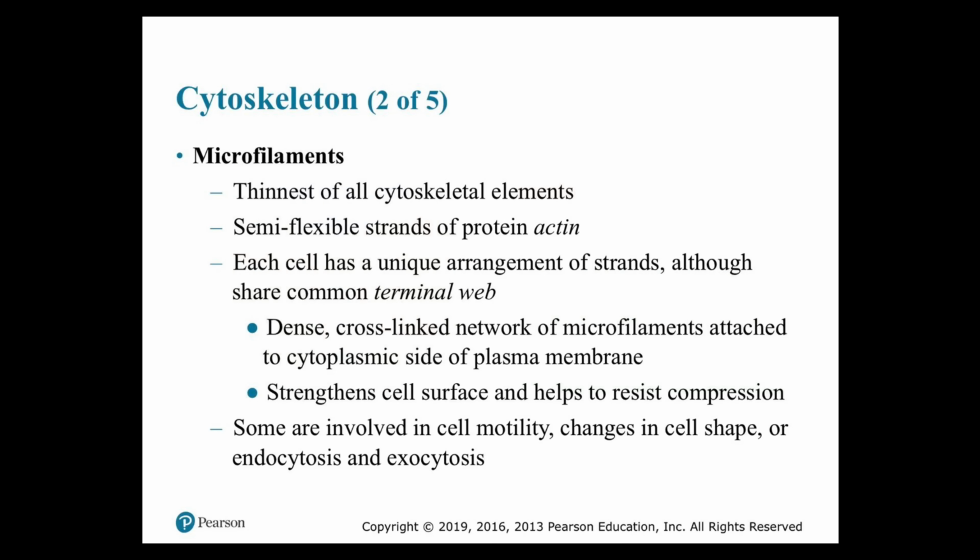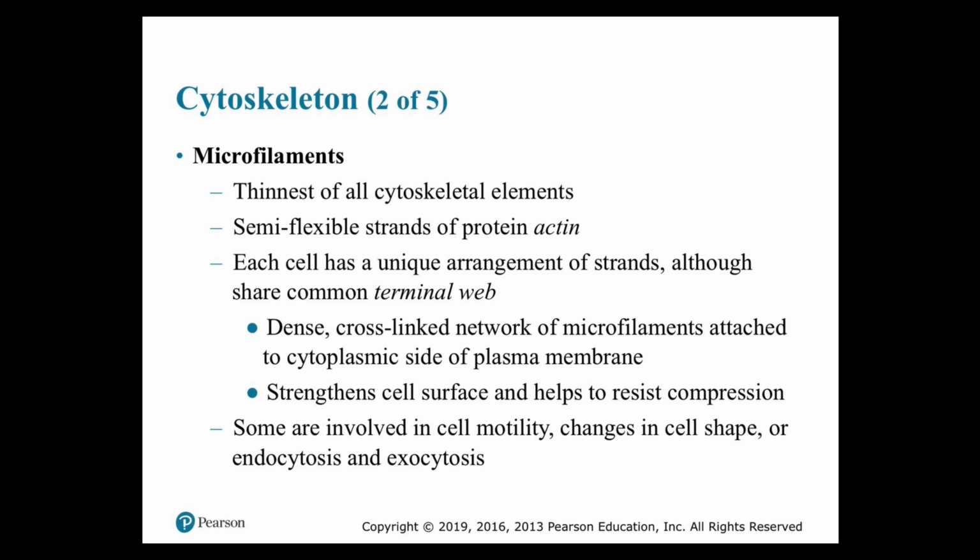So let's start looking at microfilaments. These are the thinnest of all the cytoskeletal elements. We said that they're made up of the semi-flexible strands of protein actin. Each cell has a unique arrangement of strands, although they share a common terminal web, which is a dense cross-linked network of microfilaments that are attached to the cytoplasmic side of the plasma membrane, and it strengthens the cell surface and helps to resist compression.